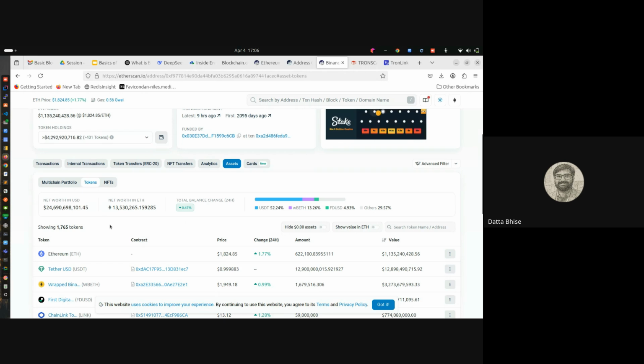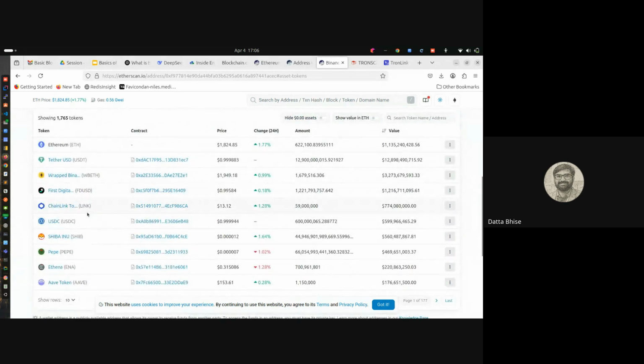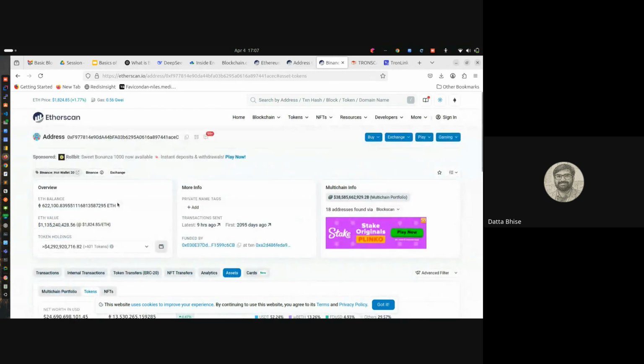The same address contains Ethereum, USDT, USDC, all these balances. So just keep in mind that one address in Ethereum contains lots of tokens and their balances on the same network.